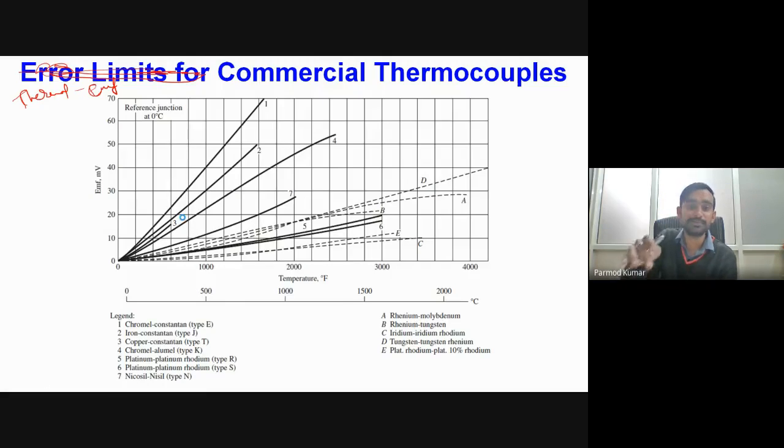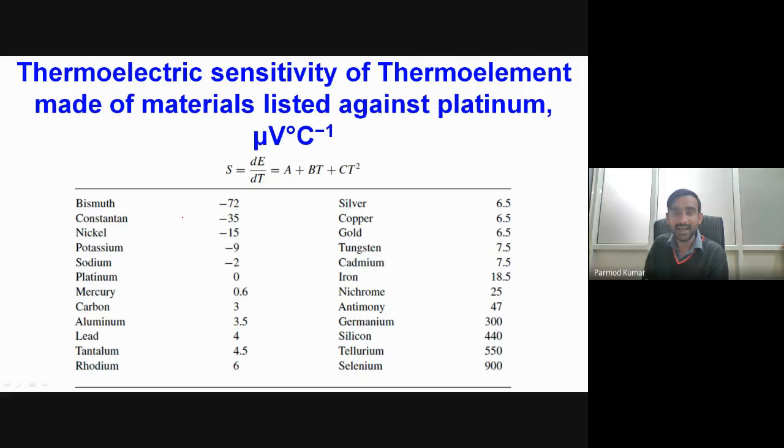Then I have already given you one relation, that the output EMF we will be getting is A plus 1 by 2 Bt square plus 1 by 3 Ct cube. Now if we have to determine the sensitivity of our device to the change in temperature, our output is EMF and input is temperature.